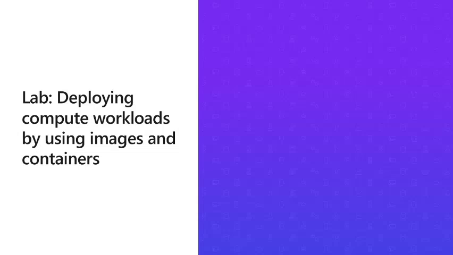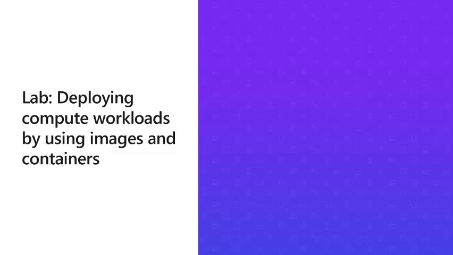Deploying compute workloads by using images and containers. This lab we will do in a separate video because it contains a lot of work to do. These are the labs provided by Microsoft. You can find them online. If you want to do them with me, I'll do them in another video.